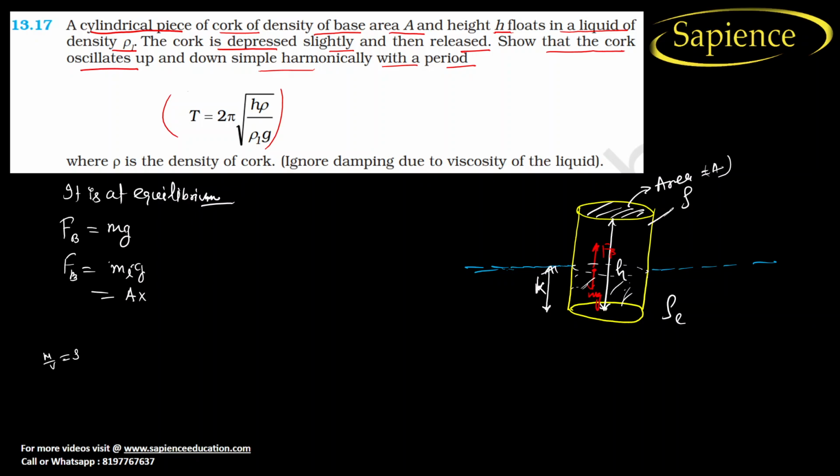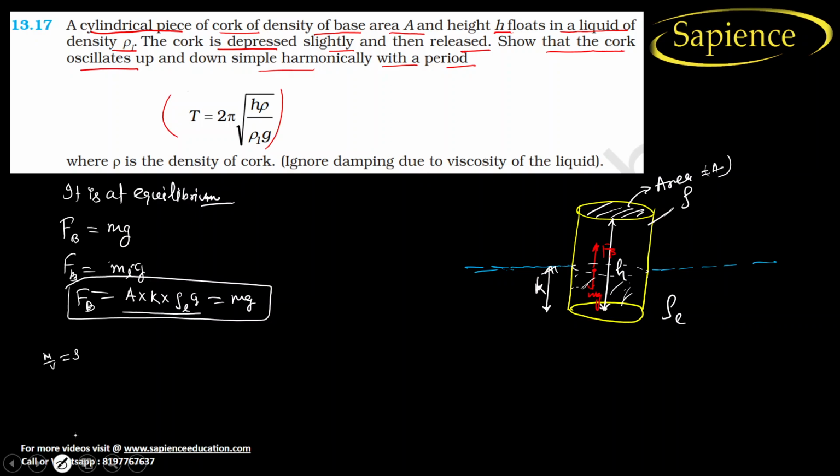What height do we take? k. So area into k gives the volume, into the density of the liquid, into g. And this is equal to mg. So this is one of the conditions we have got when it is in equilibrium.